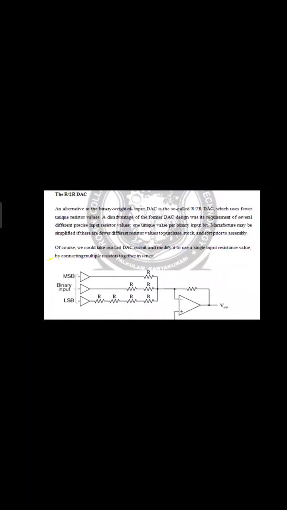Here we have 4 resistors in a ladder circuit, R-2R circuits, with 4 resistors connected in series to the LSB, 2 connected with the binary and 1 connected with the MSB. To balance this, we have a feedback resistor across the operational amplifier. We can build the DAC circuit to use a single input resistance value by connecting multiple resistors together.